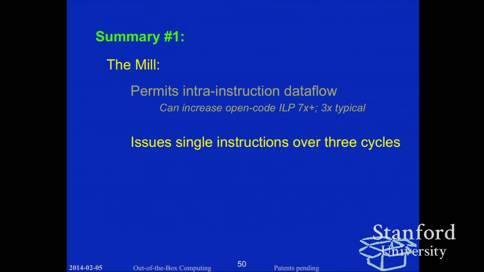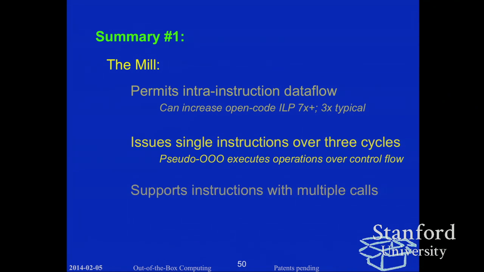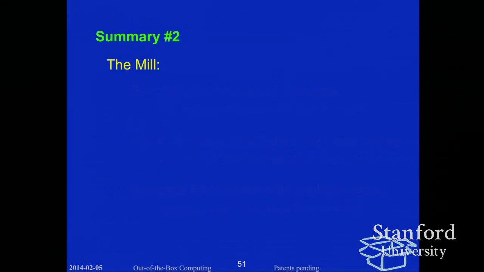Single instructions are issued over 3 cycles. Effectively, what we have is pseudo out of order that executes operations over control flow the way a hardware out of order does. We can have instructions containing multiple calls, which means the data flows can contain multiple calls too.